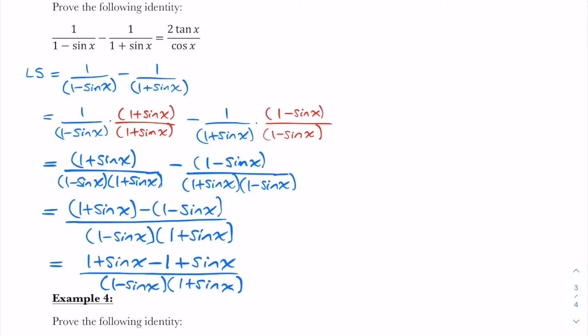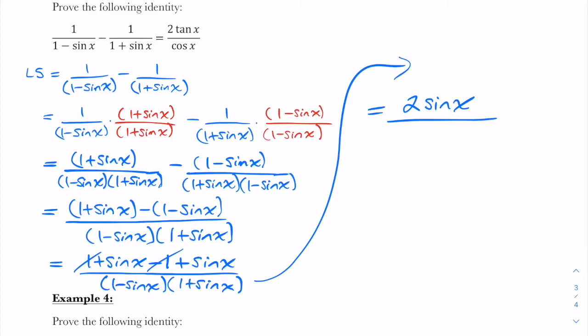Okay, look what happens in the numerator. The 1's cancel out, so 1 take away 1 goes to 0. You can collect like terms now. Sine x plus sine x is just 2 sine x. And as for the denominator, we can write it out again.